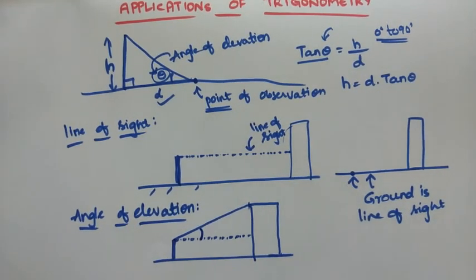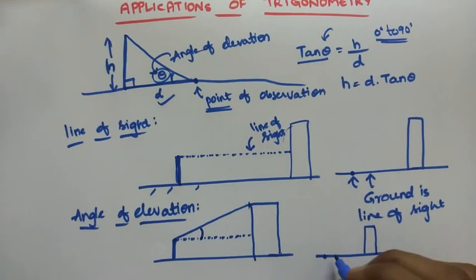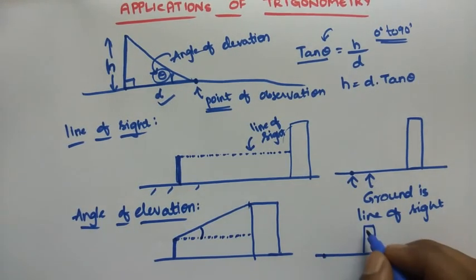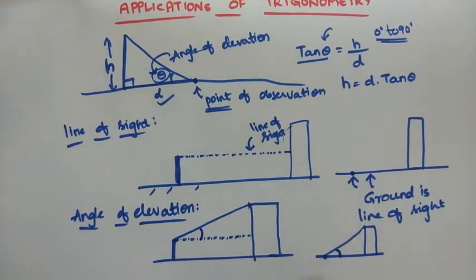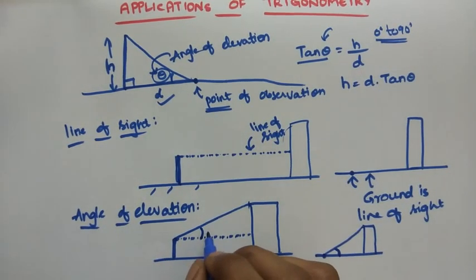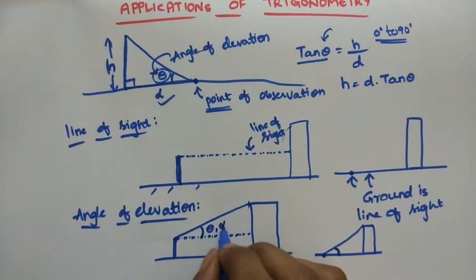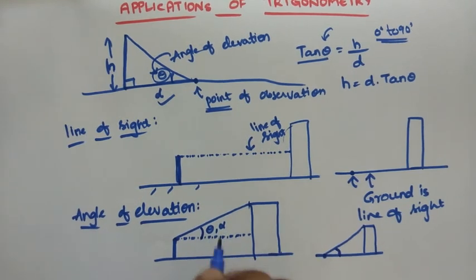Similarly, if this point is a point on the ground and there is a building here, if we join these two lines and measure this angle, it is known as the angle of elevation. I will take it as theta or alpha. Generally, to measure this angle we will represent it with theta or alpha.